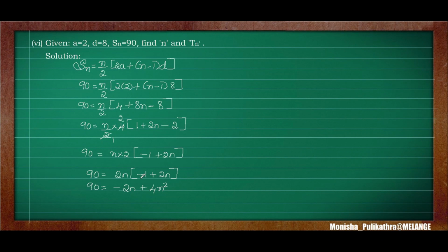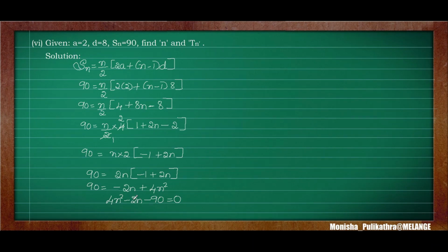Okay. Next we need to write it in equation form. So write 4n square as it is, 4n square minus 2n. Next we shift 90 to the right hand side. It will become minus 90 is equal to 0. Okay. Next we need to check whether all the 3 numbers are divisible by a single digit. Which one is that?